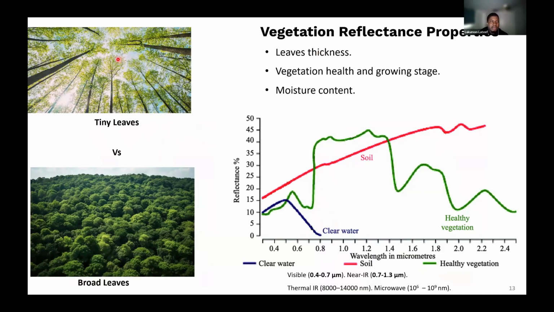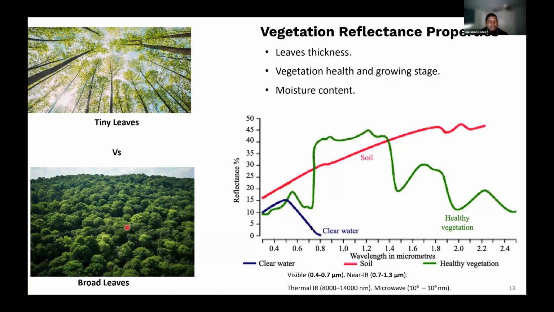If you see trees or vegetation that have open space and very tiny leaves, and the energy coming from the sun hits them, there's a high chance that it will be transmitted further, and only a small amount of energy will be reflected back to the atmosphere for the sensor to capture.